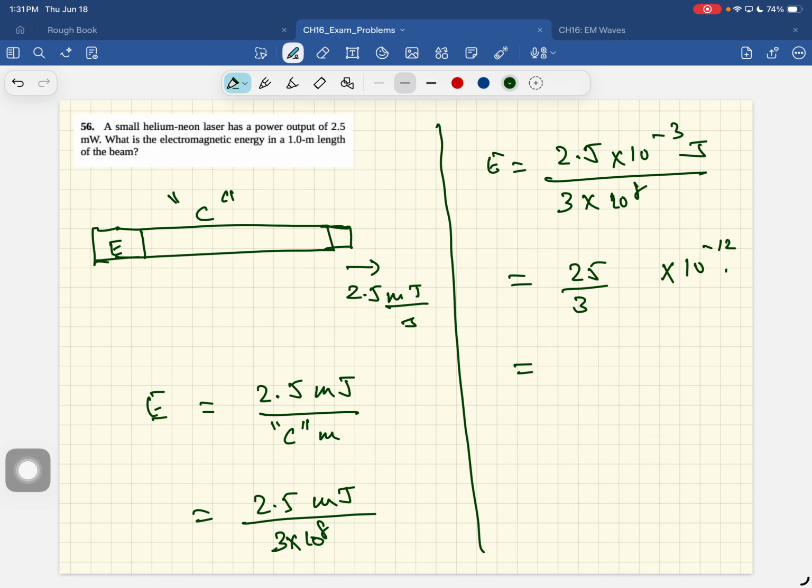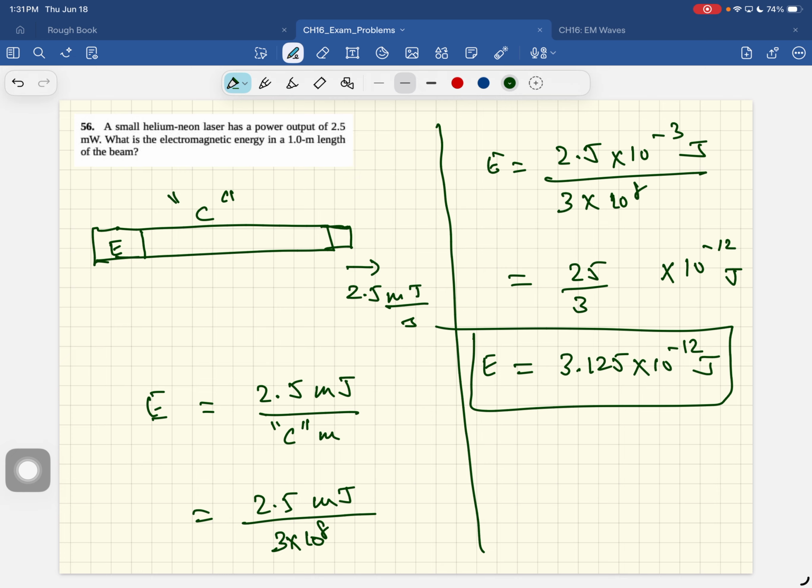Mu naught is 4 pi times 10 to the minus 7, and c is 3 times 10 to the 8. This will come out in volts per meter. Let's take care of powers of 10. That's 10 to the 1. We'll borrow 10 to the 3 there. 10 to the 4 to the power half is 10 squared.